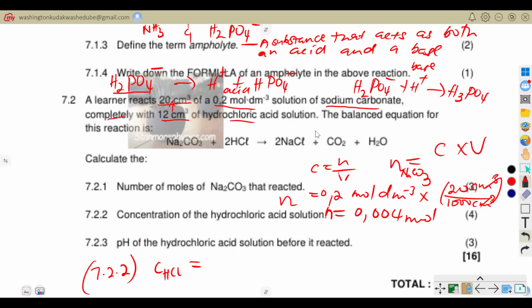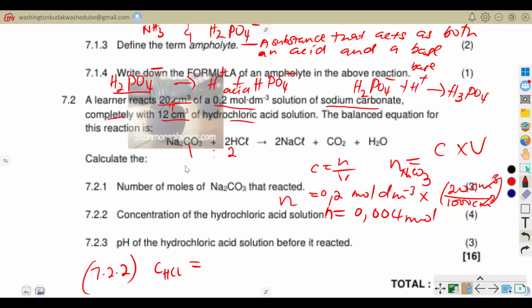So if it is reacting completely, now I need to find the reaction ratio of moles. So you would see that 1 mole of sodium carbonate is reacting with 2 moles of hydrochloric acid. So if I know the number of moles of sodium carbonate, I will just multiply by 2.